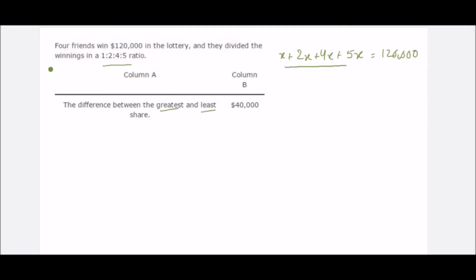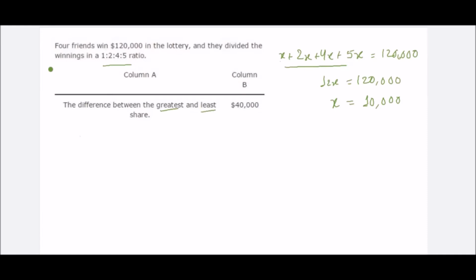So the total sum will become 12X is equal to 120,000. So X will be 10,000.